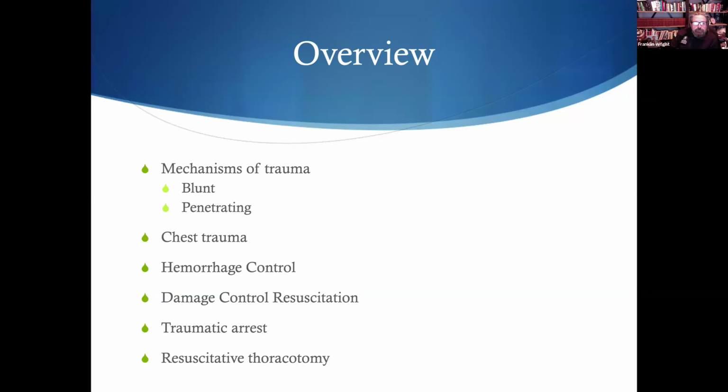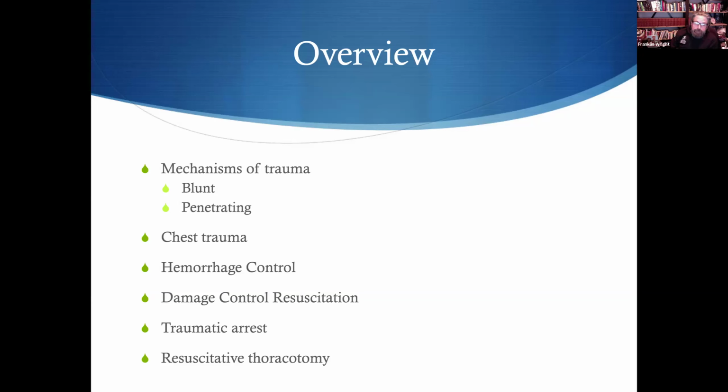So we'll go over a number of important concepts that tie into this overall increasing trauma survivor rates. And there's a fair amount of that in the chest trauma world. So we'll go over some specifics there. We'll talk about hemorrhage control and also include some damage control resuscitation concepts and a history lesson and overview of how concepts in trauma care have really shifted over the last 20 or 30 years.